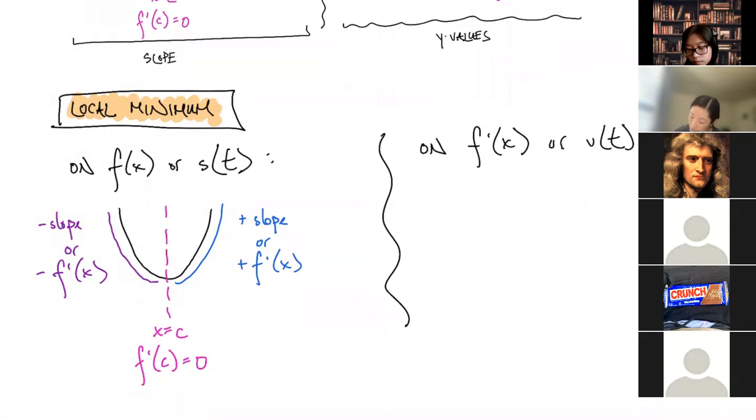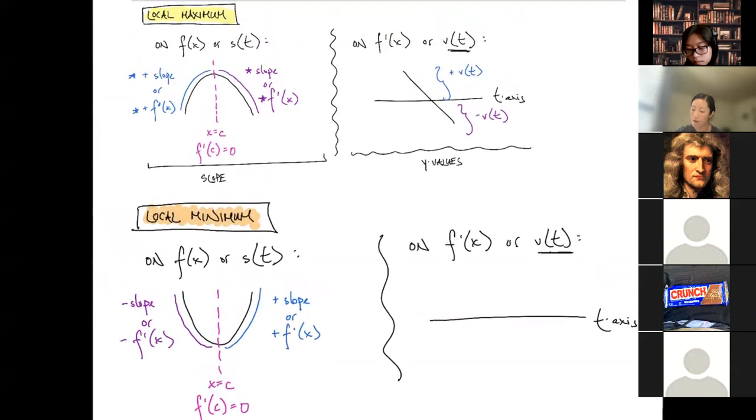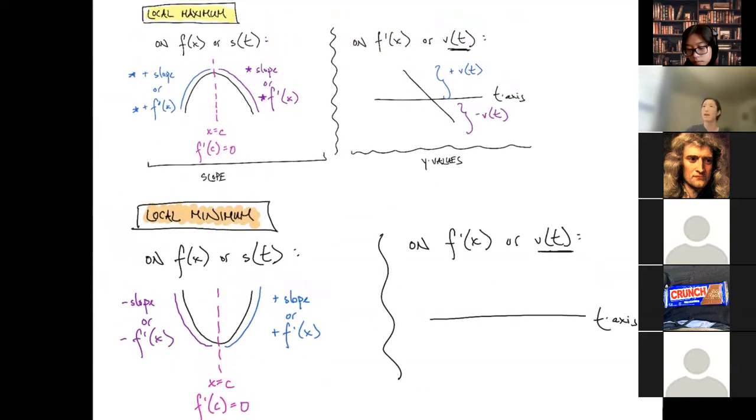What does this look like on the graph of velocity, though? Here's our t-axis, and this is the graph of velocity. How can we modify our previous picture to now say, if I see this on a velocity graph, then I know that there's a minimum on the original graph?